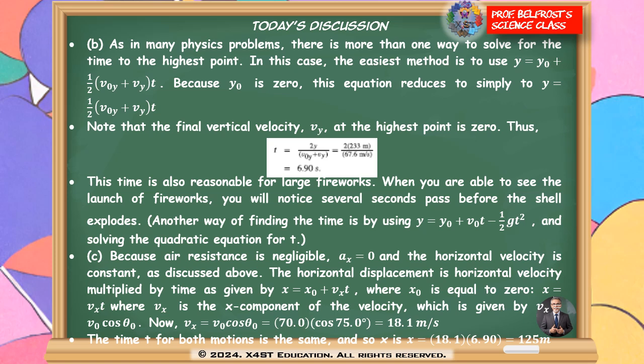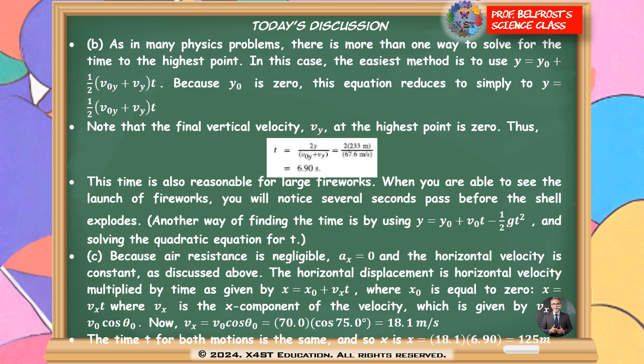To solve for the third one, because the air resistance is negligible here, ax is 0 and the horizontal velocity is constant. So first we need to find the Vx. Vx is just V0 times cos theta, which is 70 times cos 75 degrees, and it gives us 18.1 meters per second.